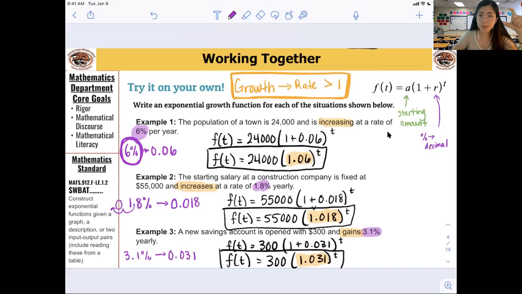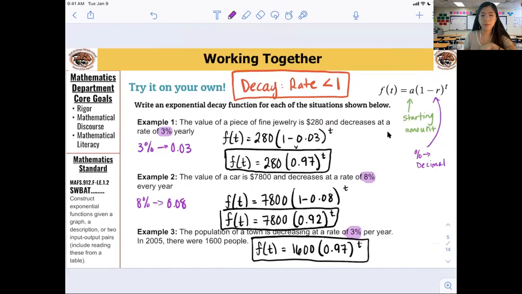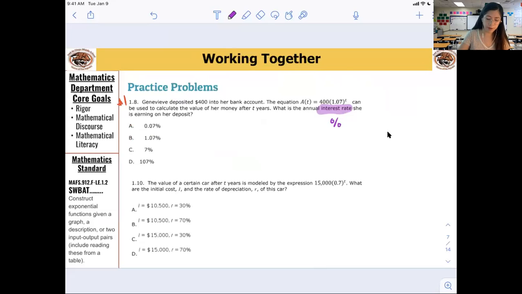If my rate was 6%, my function says 1.06. When my rate was 1.8%, my function showed me 1.018. So the rate is not what you see in the function. The rate is what was added to 1. So let me rewrite this function because I have A of t equals 400 times 1.07 to the power of t. But we know that this was simplified because we always simplify it in the last step.